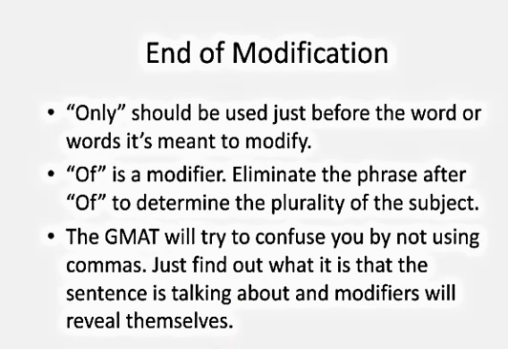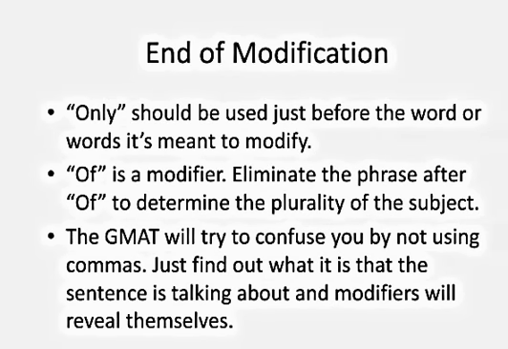This is for the last kind of modifier, the one without commas. GMAT does this a lot. Either it uses very long sentences with like five commas in the middle, but if you really focus, you will be able to find the crux of the sentence.